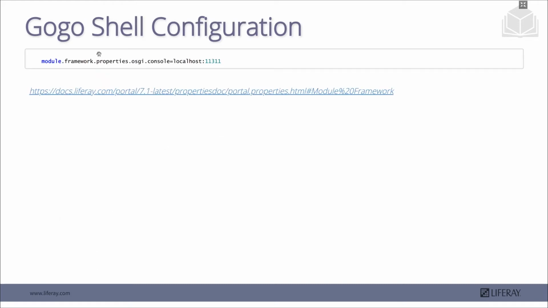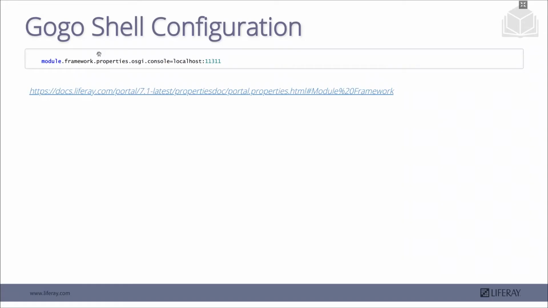To connect to the Gogo Shell, we typically do it via Telnet. For us on Windows at least, we have to first enable Telnet or use a Telnet client if we don't feel like enabling it. When we connect to the Gogo Shell via Telnet, the default port is 11311 on localhost.